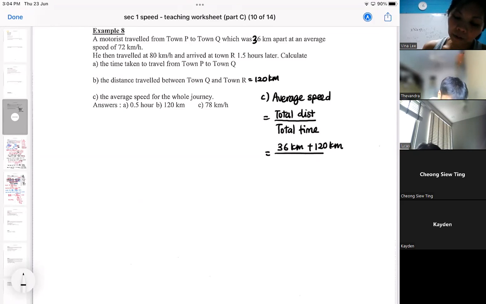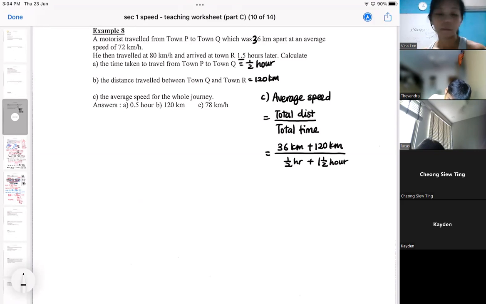And the timing for the first part was half an hour. The timing for the second part is 1.5 hours. So can you see? You must add up both journeys.